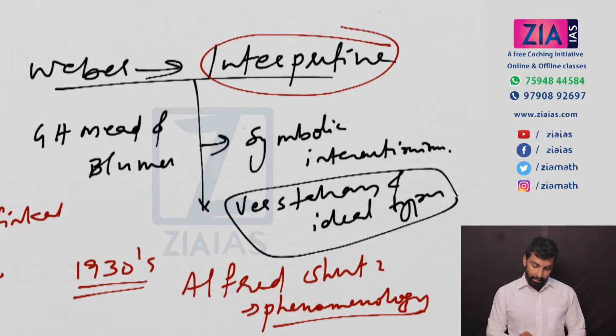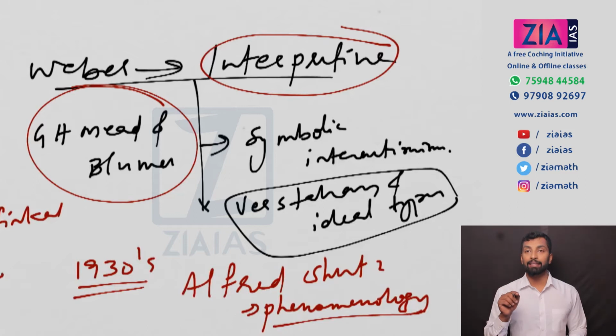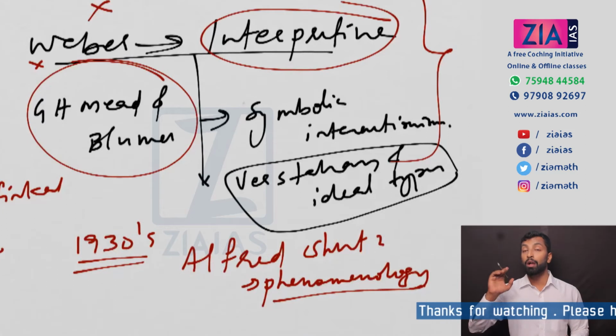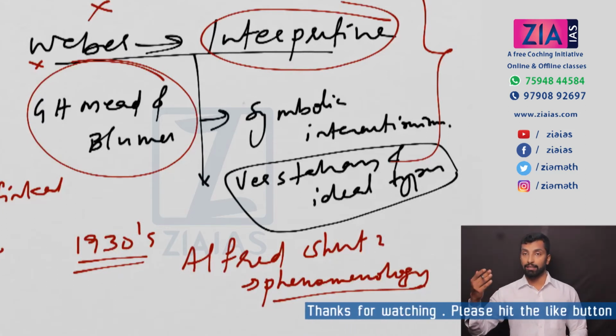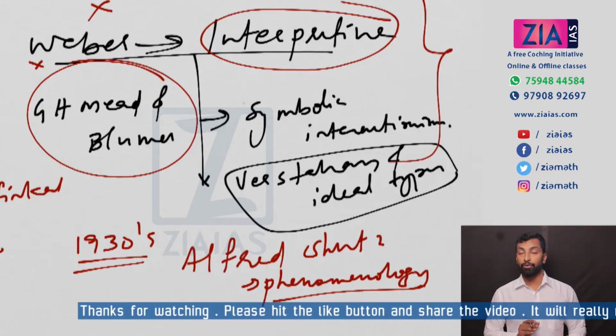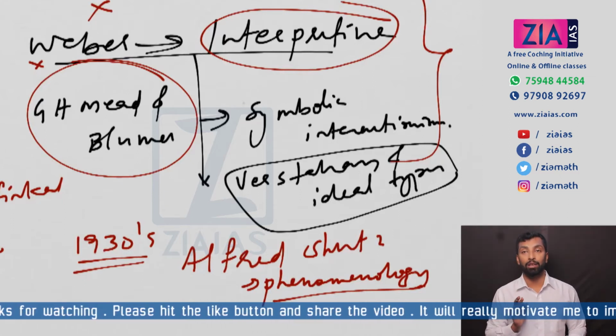Same is the case with G.H. Mead also. Symbolic interactionism as a perspective in detail we are going to discuss under Mead. So these two people I am keeping aside now. Interpretive sociology and the interactionist approach I am keeping aside, but I have given you a glimpse of what you need to write here and what you are going to study in future classes. So we need to discuss more about Alfred Schutz and Harold Garfinkel, or phenomenology and ethnomethodology.